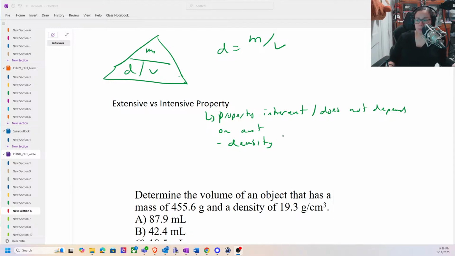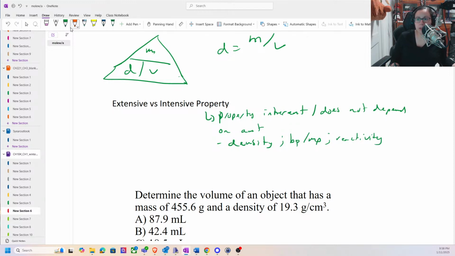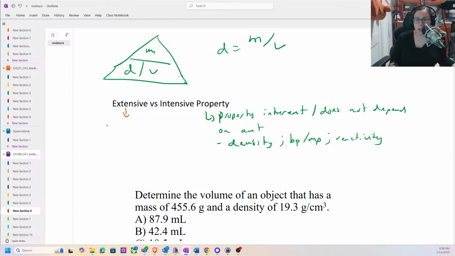Other intensive properties would be melting point, boiling point. Again, those will not change. Reactivity, we won't go down the full list, but then we want to compare that to an extensive property, which would be amount dependent.